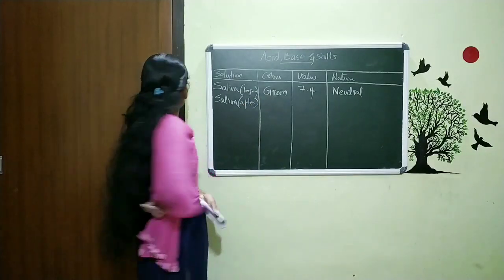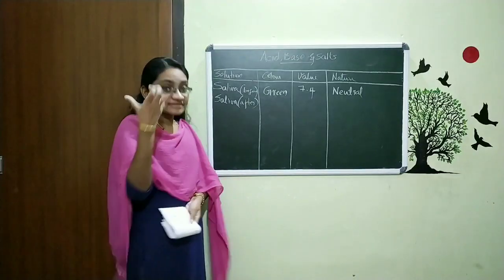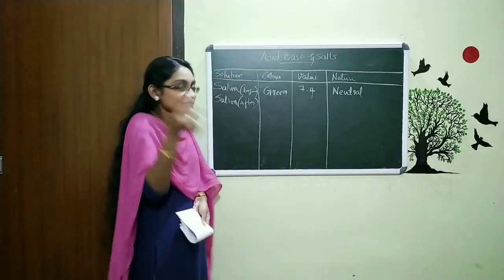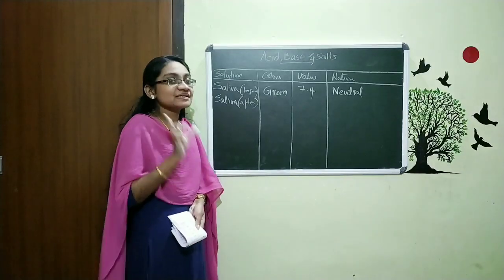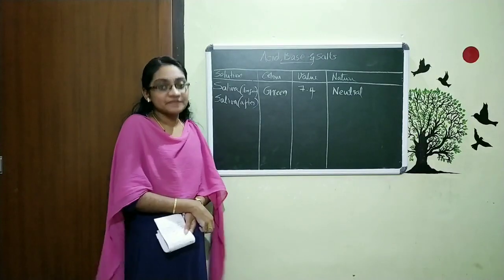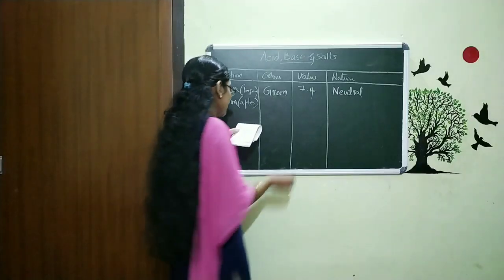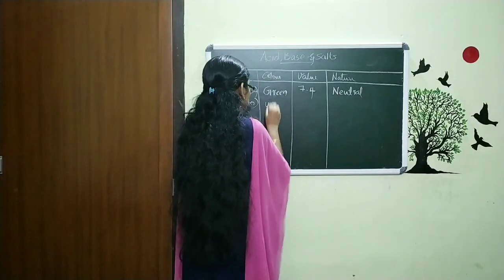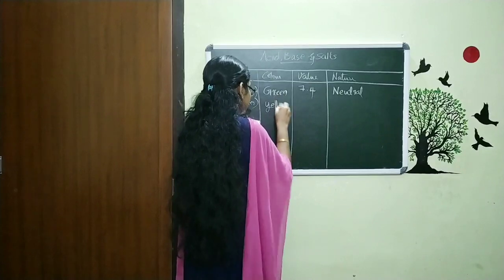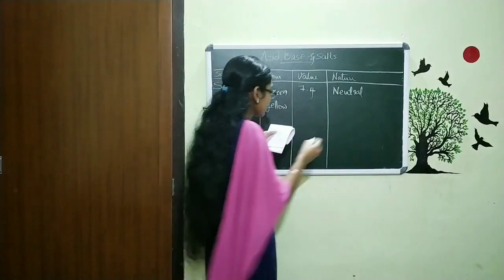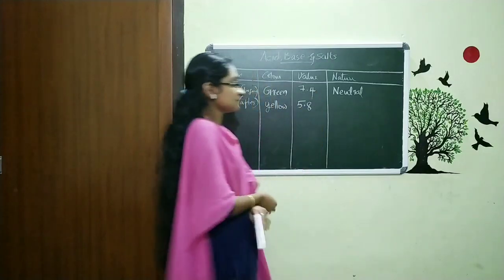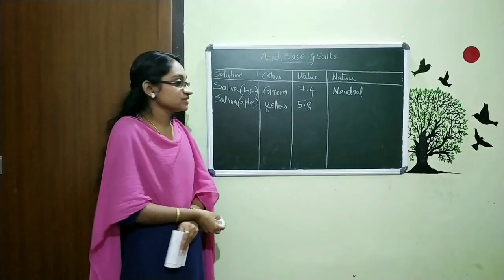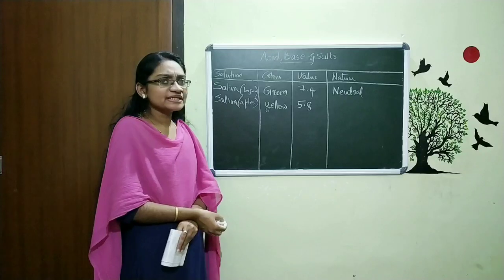Again taking a beaker, collecting the saliva and dipping the pH paper there. Now you can see some difference in the color of the pH paper, and the color now we get is yellow, and the pH value is 5.8. What does this 5.8 mean?